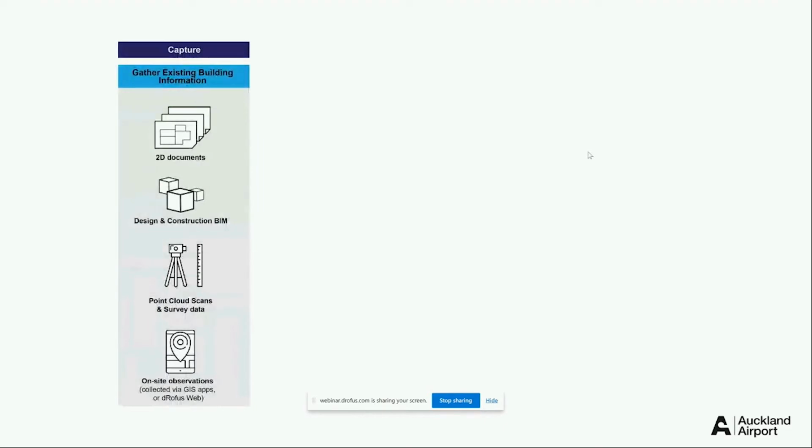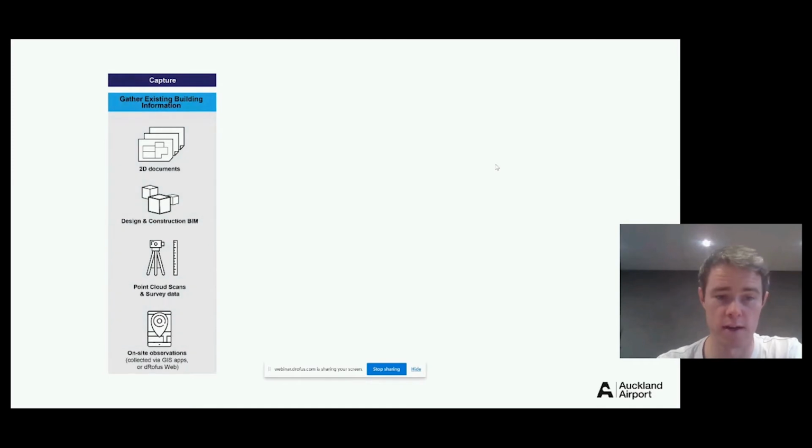As I mentioned, over the past we've been capturing data by collating 2D documents, 3D BIM models that we've had from design projects and construction projects, and then scan to BIM, verifying these with point clouds and on-site survey, and also utilizing GIS apps to collect data on site that we can then feed into the model.